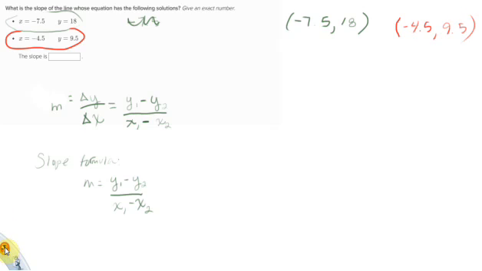So I'm going to label my points. I'm going to label this point, point 1, and this point, point 2.